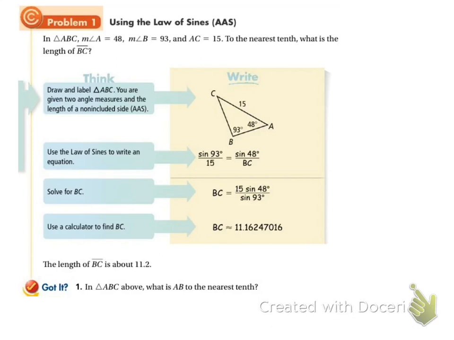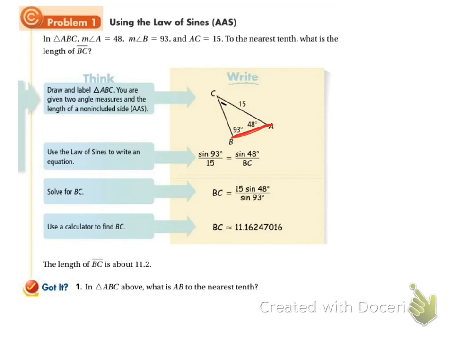Our Got It problem wants us to use this triangle and find AB. So we're looking for this side right here. If we look across to the angle, it goes with angle C, so we need to know what angle C is. It's not labeled, but we know two of them already, and we know they have to add up to 180.